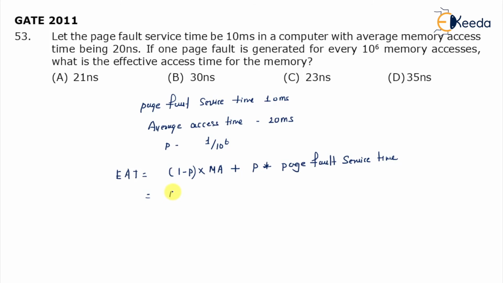So 1 minus 1 over 10 to the power 6 times the average memory access time, which is 20 millisecond. And P times page fault service time, that is 10 into 10 to the power minus 3 into 10 to the power 6 into 10 to the power minus 6. I think I have taken one unit wrong. It is 20 nanosecond.